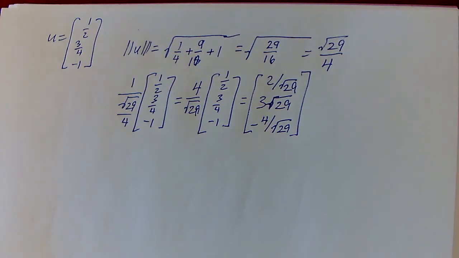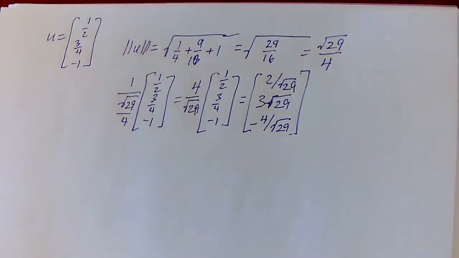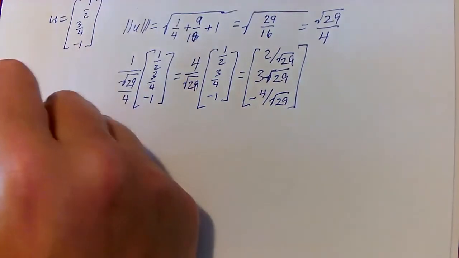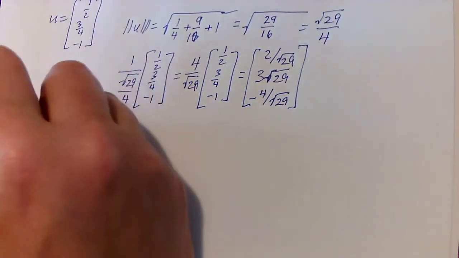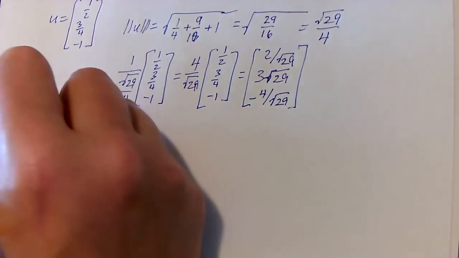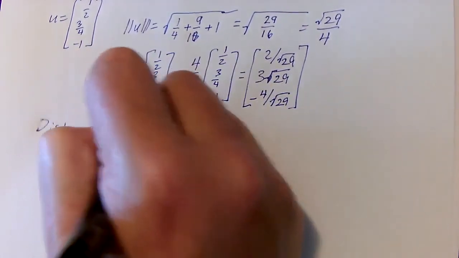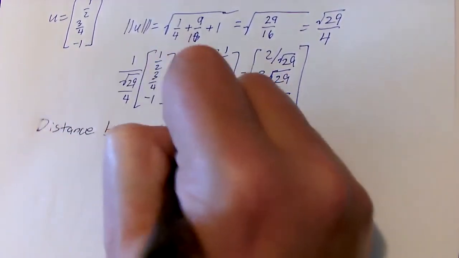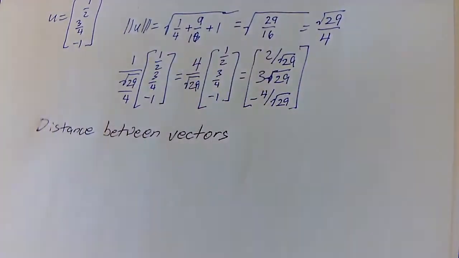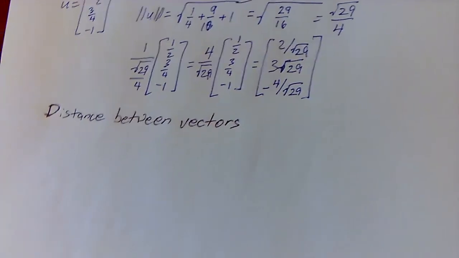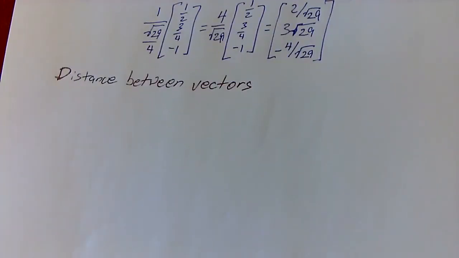Okay, so length also should inspire the idea of distance. So we have the distance between vectors. When we talk about length, that's more like the distance between the origin and a vector. Well, what about the distance between two vectors?